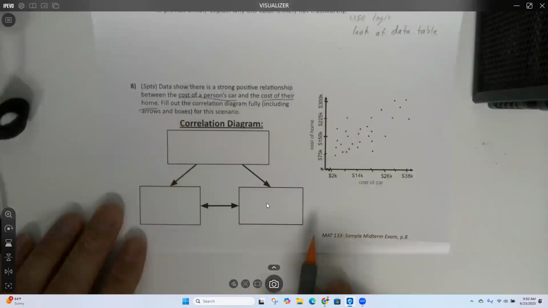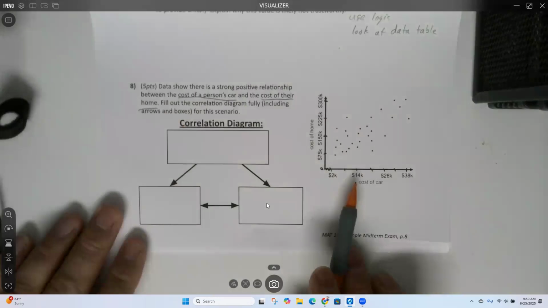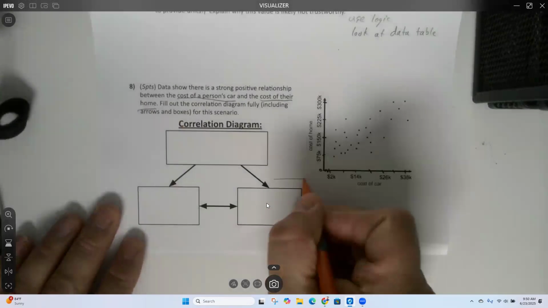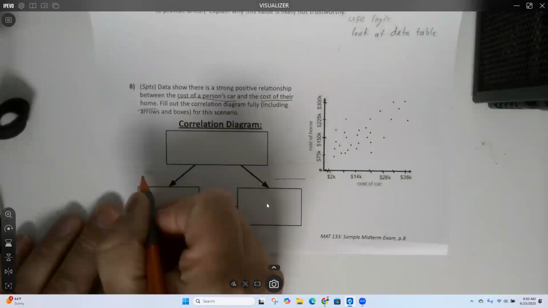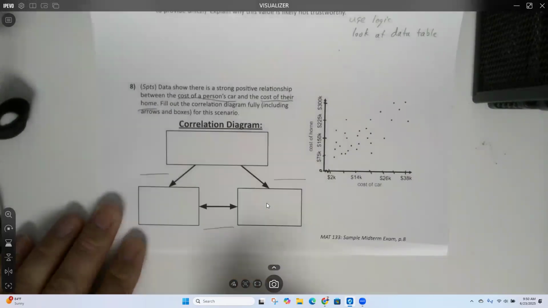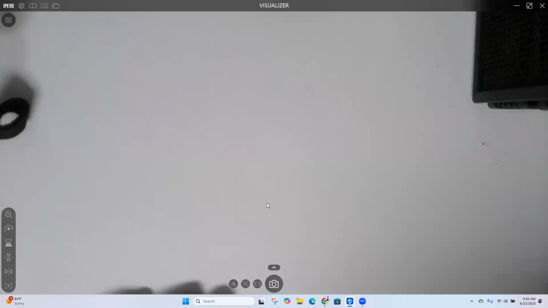Okay. So pay attention to units. Make sure you include the label on what these arrows mean. What does this arrow mean? What does this arrow mean? Okay. All right, page 393.